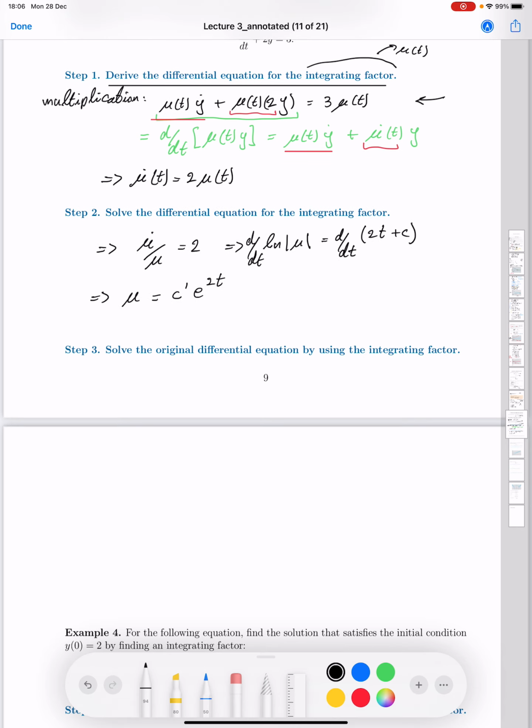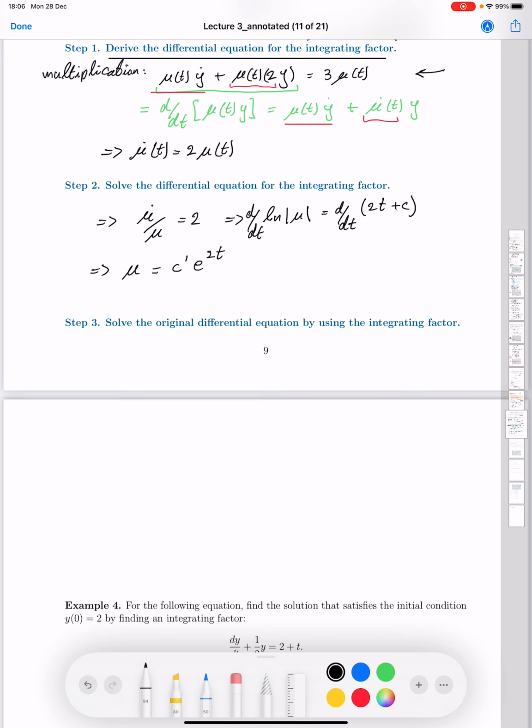So I just need to replace mu with my general solution, which will be c prime times e to the power of 2 times t times y dot plus c prime e to the power of 2 times t times 2y equals 3 c prime e to the power of 2 times t.